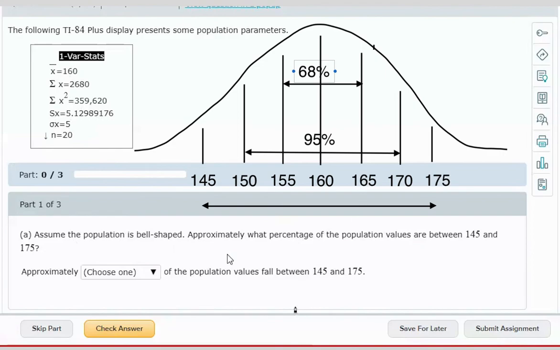The last one gives you an example where it's not bell-shaped, and I believe the example of that I saw, it gave 150 and 170, so that would normally be 95%. In that case, if it's not bell-shaped, instead of 95%, then it's 75%.